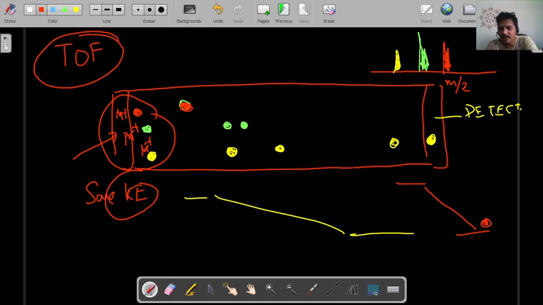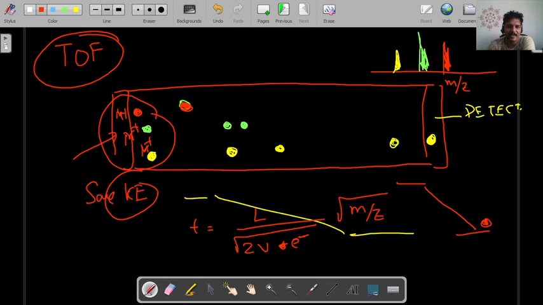Typically the time taken is given as L by square root of 2V into E into the charge, into square root of m by z. The time taken is given as the length.